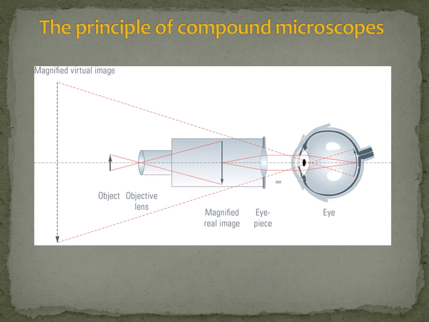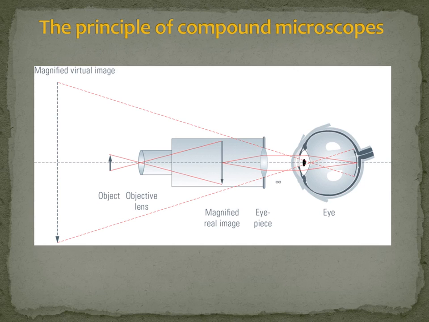It's interesting to notice that a compound microscope functions by successive amplification. You can see here the objective lens will amplify the image of the object, and it will create a virtual image inside the compound microscope. And then the eyepiece, or the ocular, as we nowadays call it, will focus this virtual image into the eye of the observer.